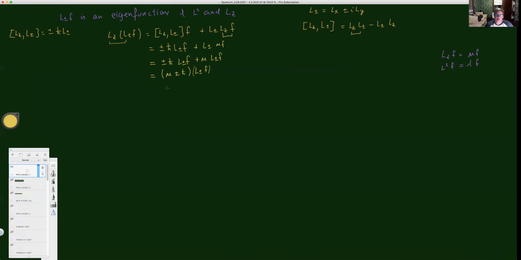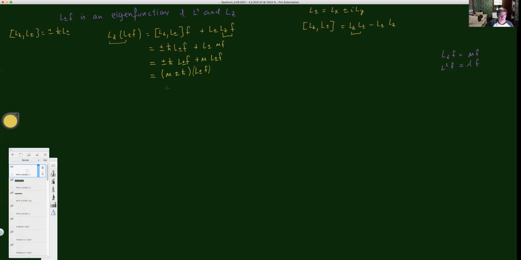It's very similar. When we apply the L plus minus operators, they either raise or lower the eigenvalue of LZ by H bar. Okay. All right, so we've got that. Let's see where this is going to take us. But this is very useful information, as we'll see, just like it was when we did the harmonic oscillator.